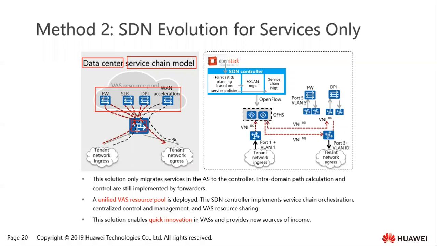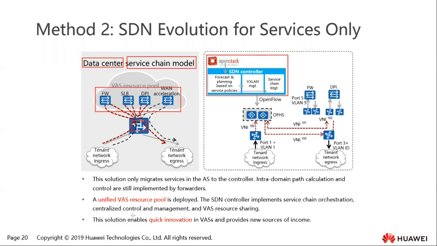For example, forwarding, deep packet inspection, WAN acceleration, etc. So with this kind of architecture, you can implement an SDN controller to manage the provisioning of these particular services to your customers.